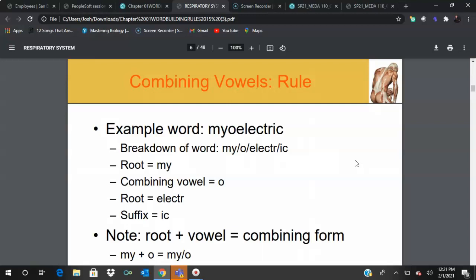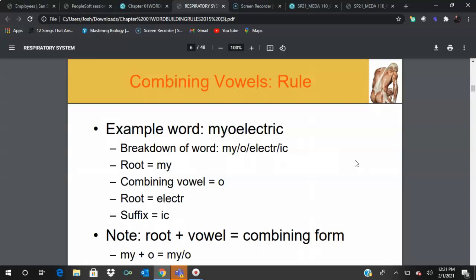So in this particular word, if we chop it up the way they have there, my means muscle. The combining vowel is going to be needed between my and electric in order to combine it together. So that word would be myoelect. Okay, so you need that combining vowel in between those two word roots to bring it together.